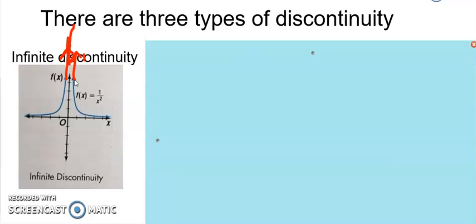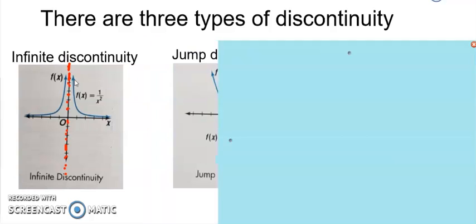So it goes up forever, it goes down forever. Whenever you have infinite discontinuity, you're always going to have a vertical asymptote there. So if we're looking at x approaching 0, we would know that there's infinite discontinuity because it's going up forever and does not stop.